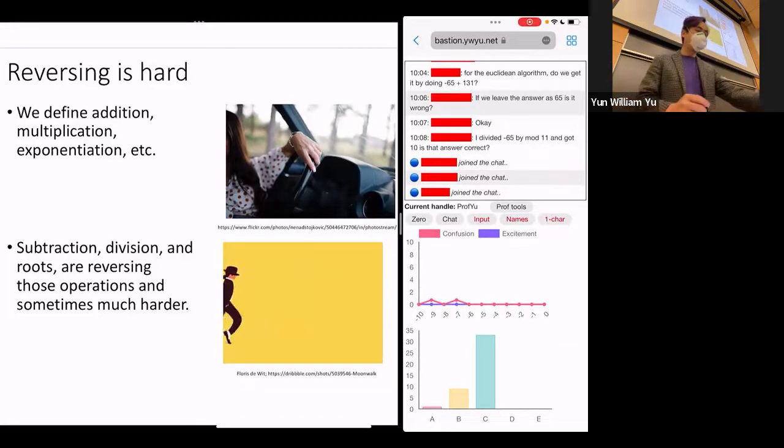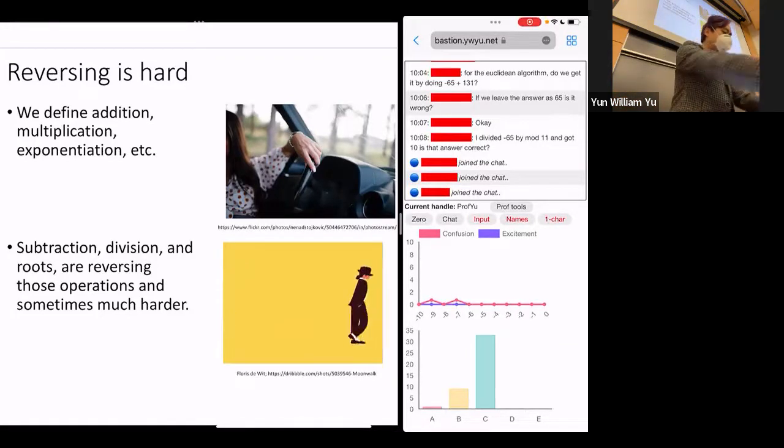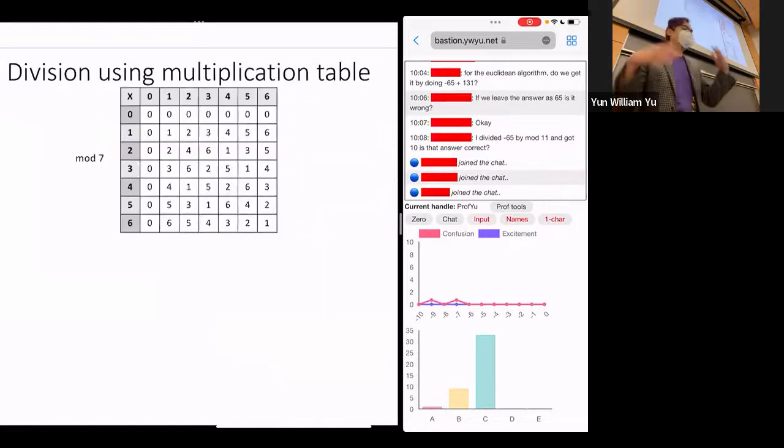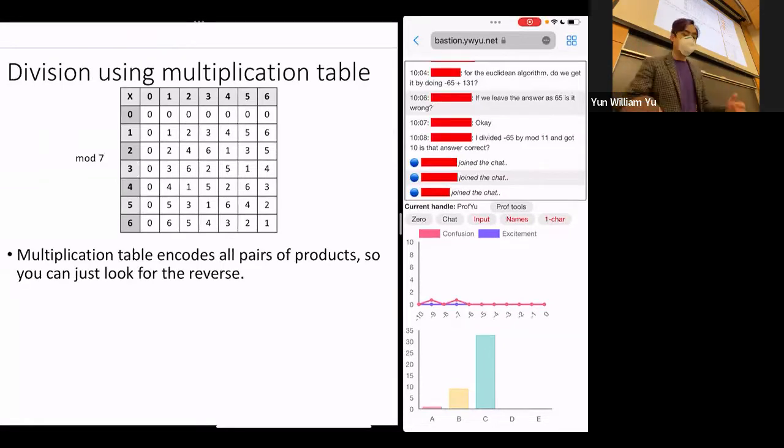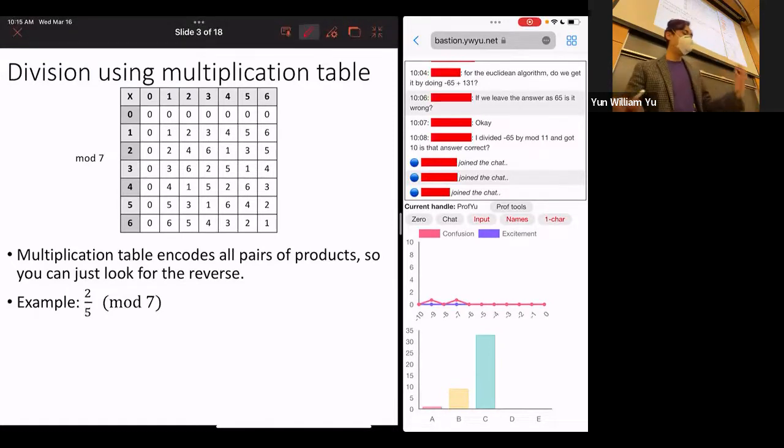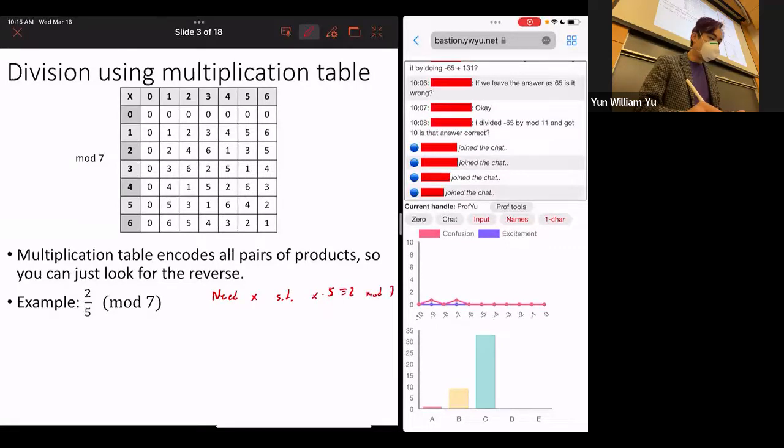But let's remind ourselves how we did division. There are a couple ways we did division. If you have a full multiplication table, which includes all pairs of products, you could just look for the reverse. For example, if you had 2 divided by 5 mod 7, what you need is x such that x times 5 is congruent to 2 mod 7.